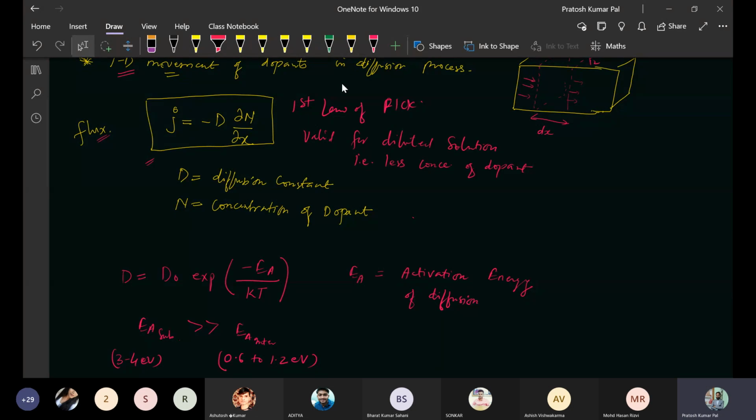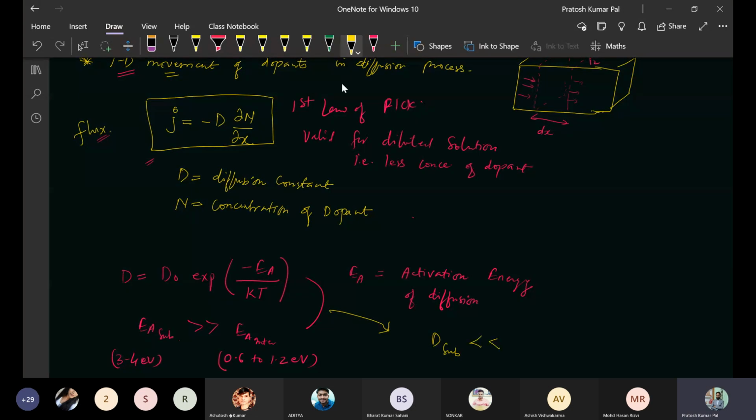So we can conclude that for substitution type of diffusion, the diffusion constant value will be very low with respect to that of interstitial type of diffusion.